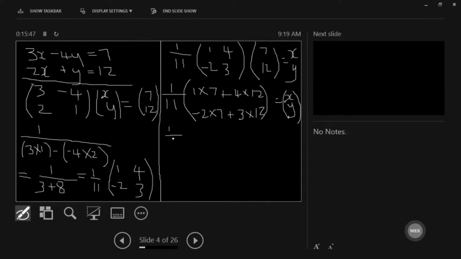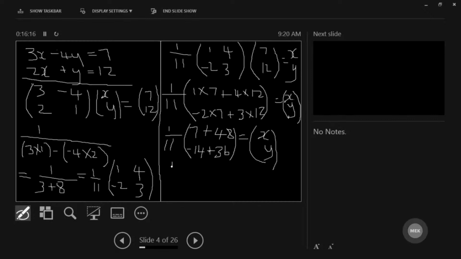Okay, so keep your fraction for the last step. 1 times 7 is 7, 4 12s, 48. And -2 times 7 is -14. 3 12s, 36 equals xy.